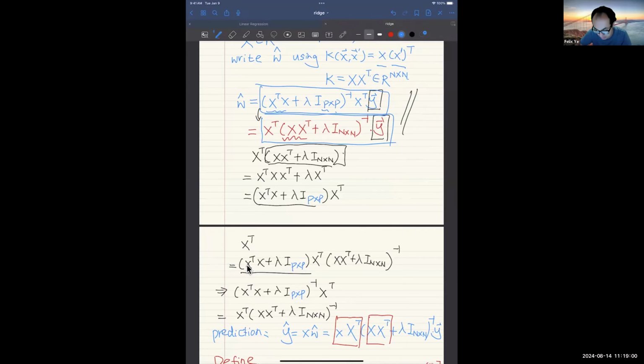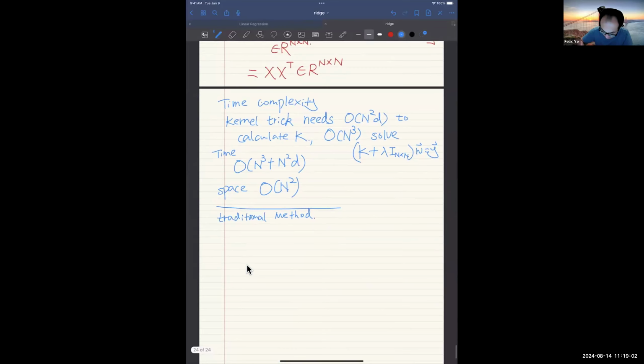The time complexity is order of p cubed plus p squared times n, because we're solving a linear system of size p by p. And the space is order of n times p.